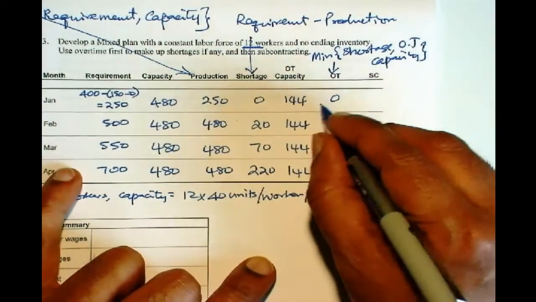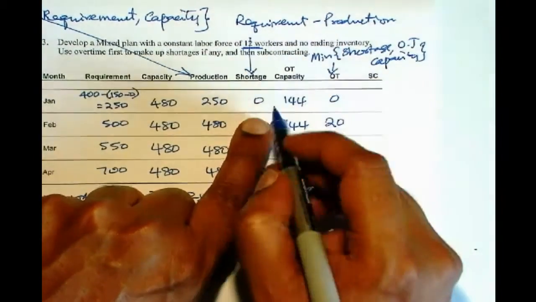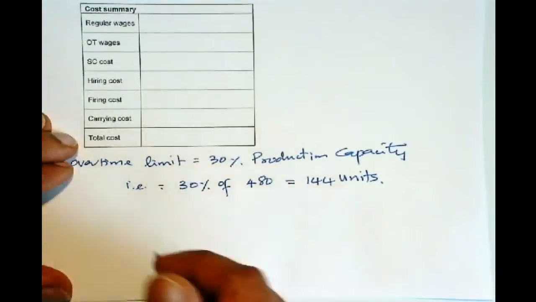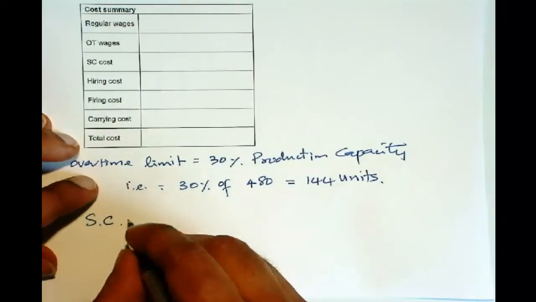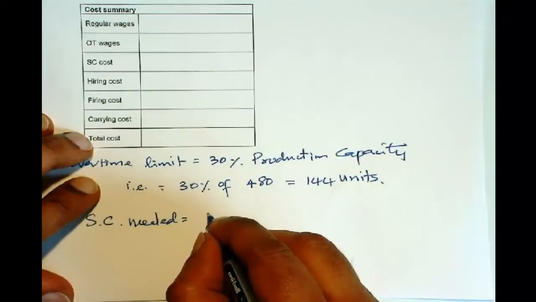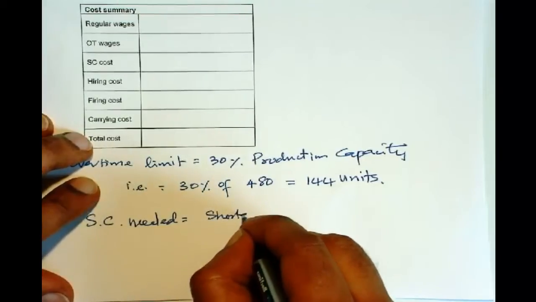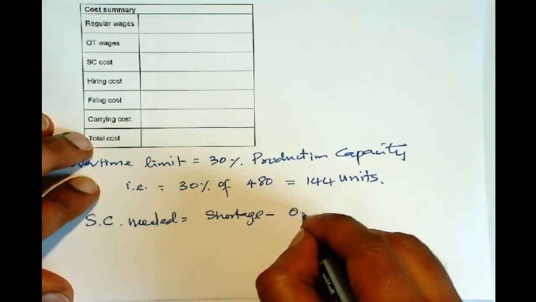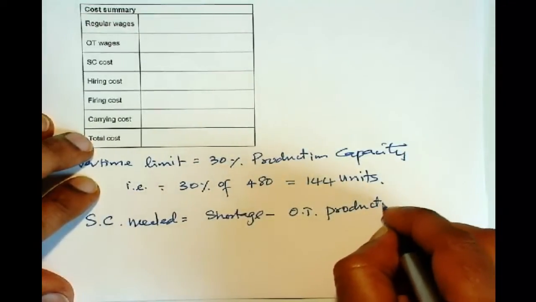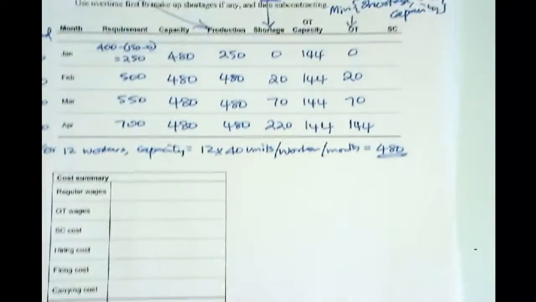So subcontracting here, shortage minus overtime production. So let me write that down here. SC needed is shortage minus overtime production. So that will be 0.